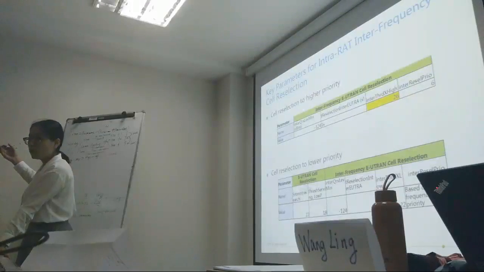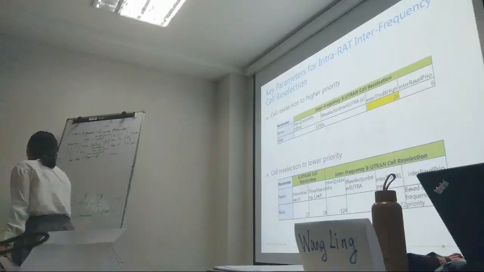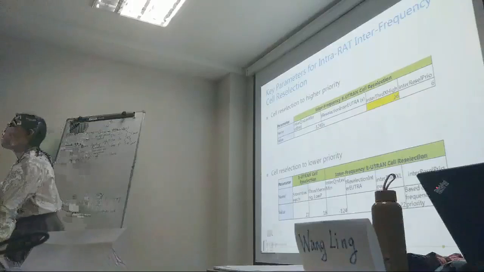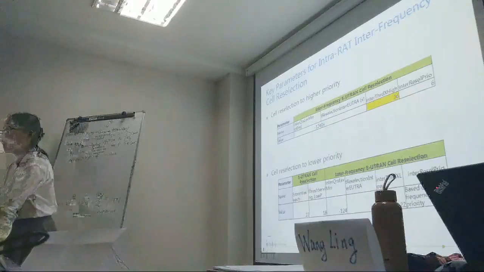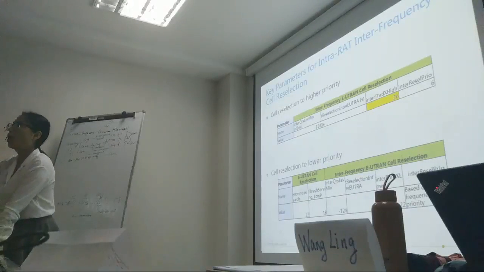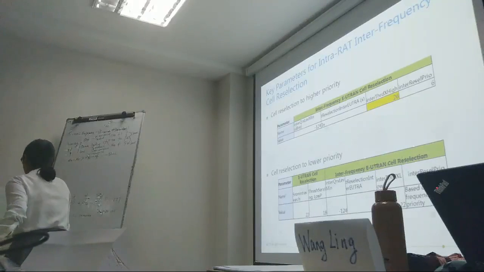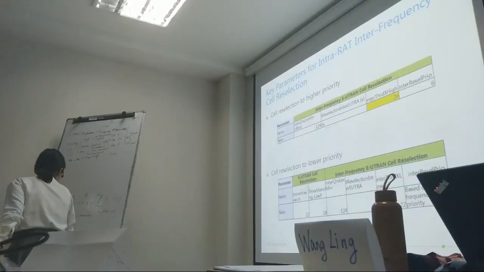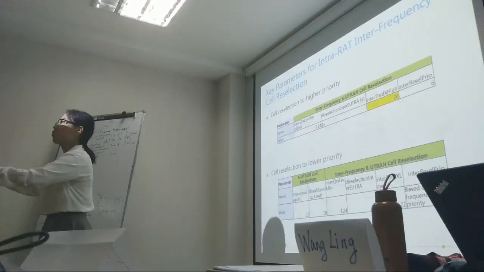Do you remember for handover? Handover A4 is if the neighbor cell RSRP is greater than one threshold, I will go there. I don't consider myself. Yes? For handover, if the neighbor cell is greater than one threshold, I will go to it.